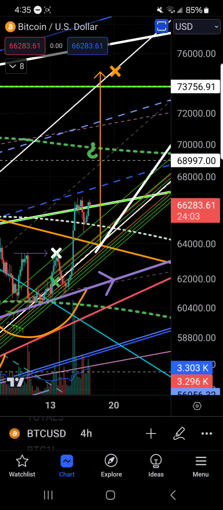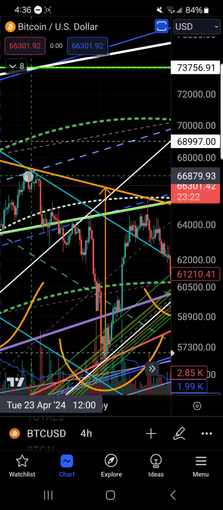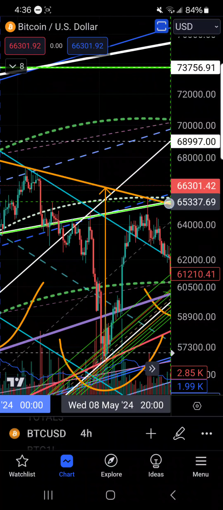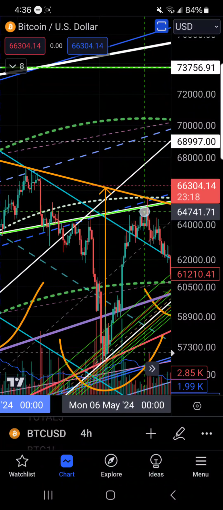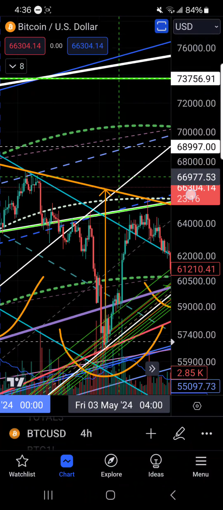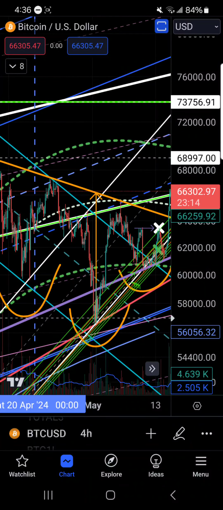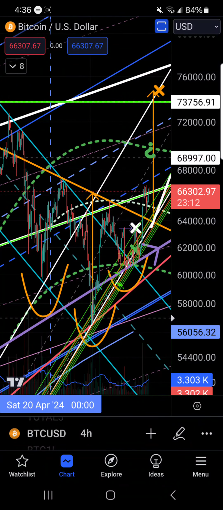And actually, that's really interesting because I have a couple different blue channels, so I'll have to get into this in another video. The neckline of this inverse head and shoulders pattern formed at the center line of this blue channel and the center line of this blue channel, which are perfectly parallel to one another. I'll have to investigate that further. I just noticed that.